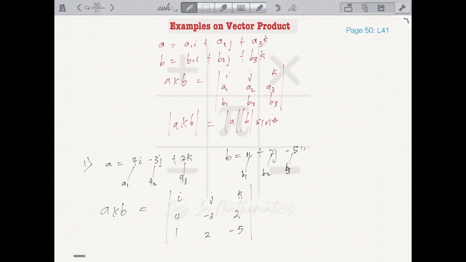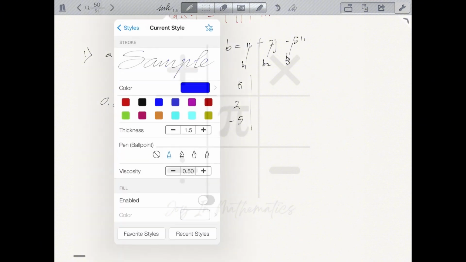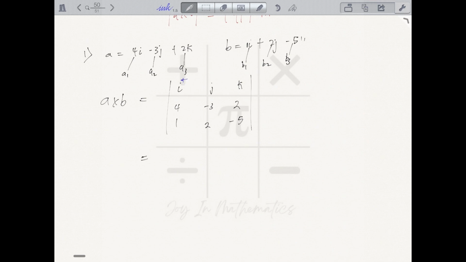The next thing is to simplify this using the determinant process of a 3 by 3 matrix. That means we are using the place signs of positive, negative, and positive. We begin with positive i.